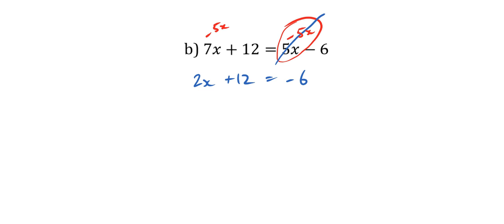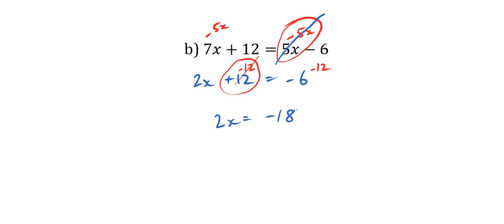And so what do I do with this one? What do I do now? I'm going to move the 12, right? -6 minus 12, again, very nice, -18.